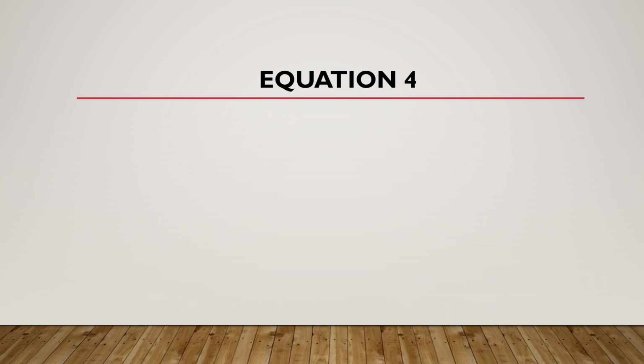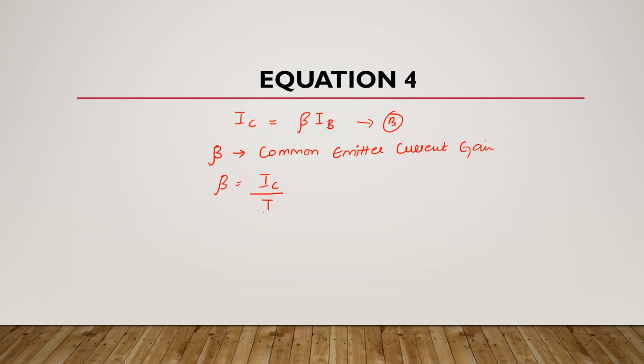The fourth equation is IC is equal to beta IB, where this beta is common emitter current gain. Now, if we rearrange this equation, we get beta is equal to IC divided by IB.